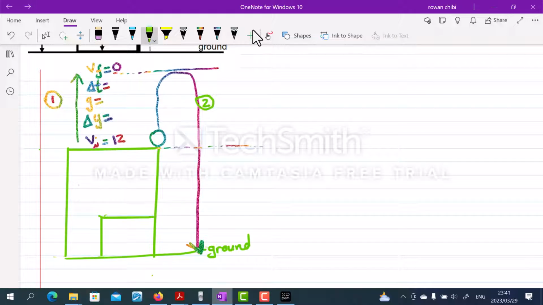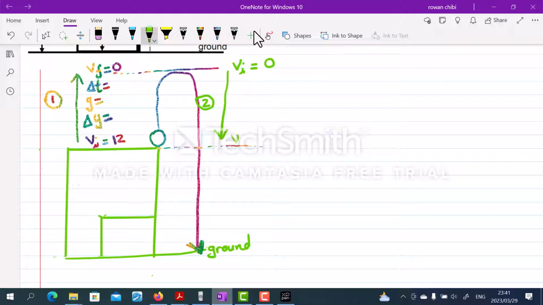On section 2, the ball is going down. It started here. When the ball was going down, I'll call this the initial velocity, which is 0, because it reached the velocity of 0 when it went up, so it's going to start at that 0 to go down.